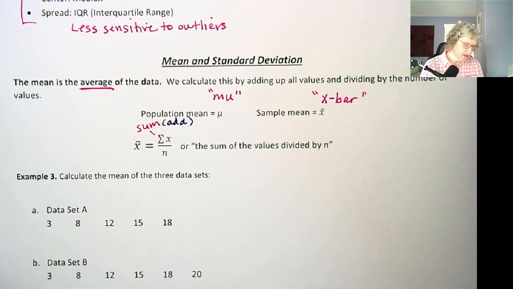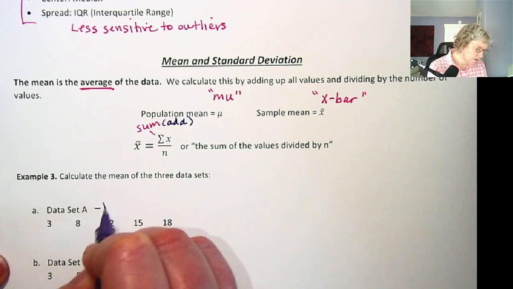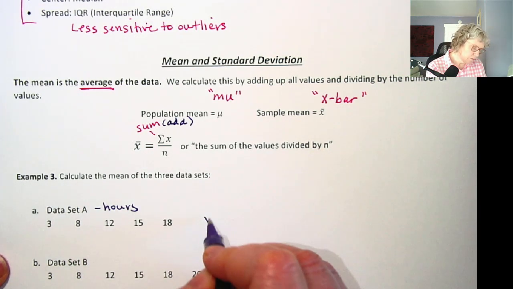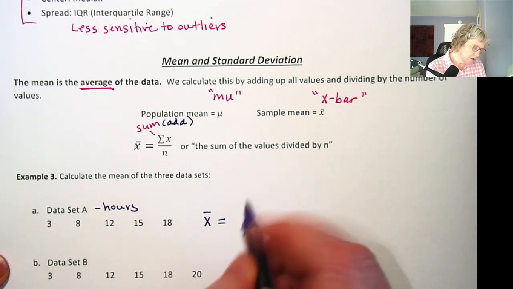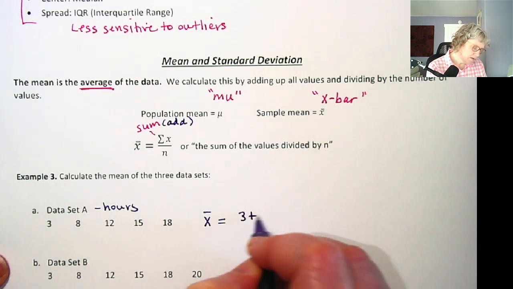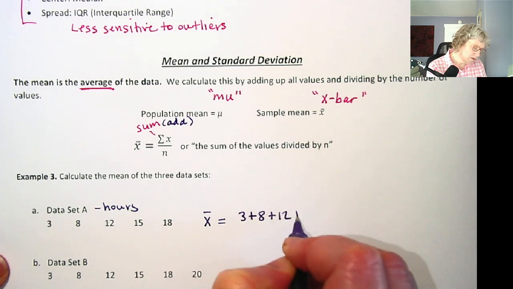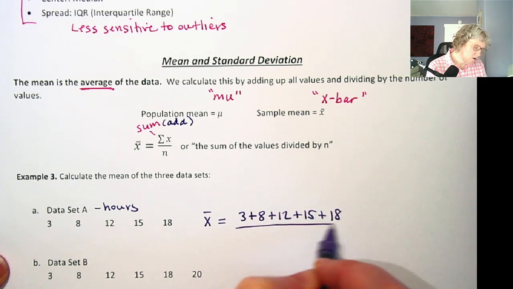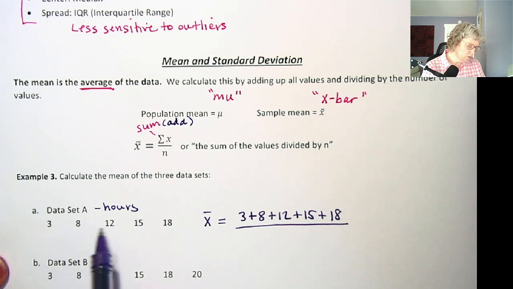Let's say we've got data set A, and I'm going to say these are hours. I don't know the full context, but if I was going to write it out by hand, I would say x bar equals 3 plus 8 plus 12 plus 15 plus 18, all divided by 1, 2, 3, 4, 5.